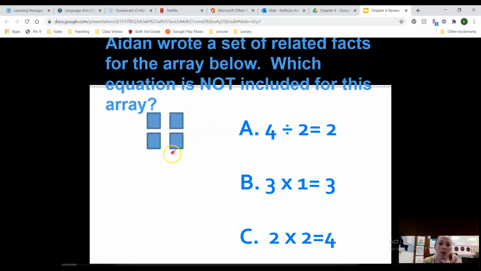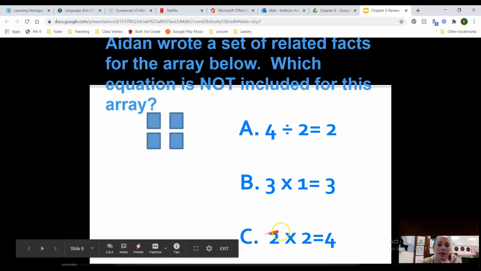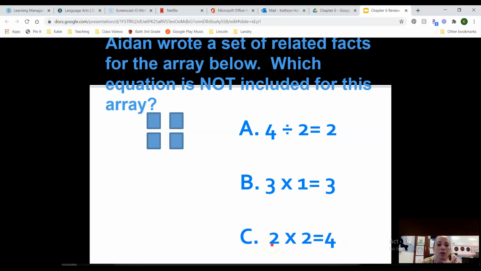So let's look at our array first. I have 2 rows of 2. So that would be 2 times 2. So that means C cannot be the right answer. I am looking for the one that is not included. Well, let's see. Related facts. 2 times 2 is 4. Those are the only numbers that I'm allowed to use.